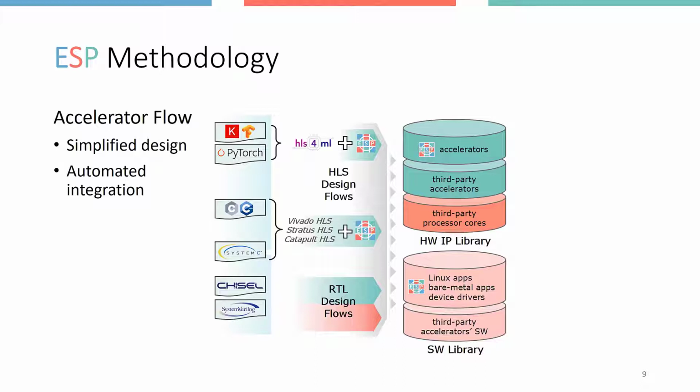So it produces, for instance, synthesizable C that can then be used in high-level synthesis to obtain a hardware implementation in synthesizable RTL, and that implementation can then be integrated, thanks to the ESP flow that we developed, in a complete system-on-chip together with a variety of other accelerators and processors.